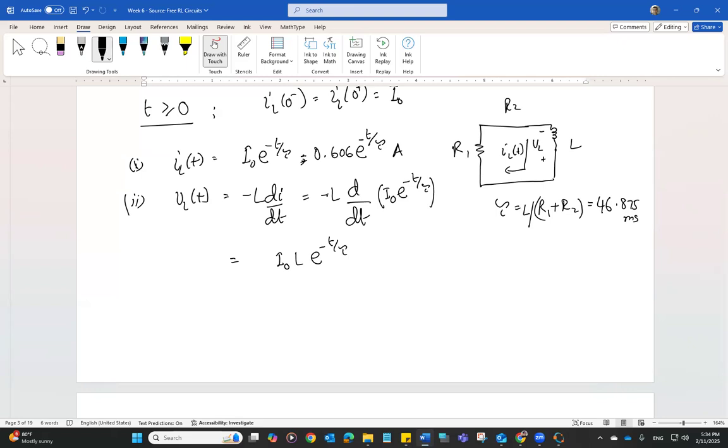So that negative and this negative are going to become positive, and then we have tau over here.